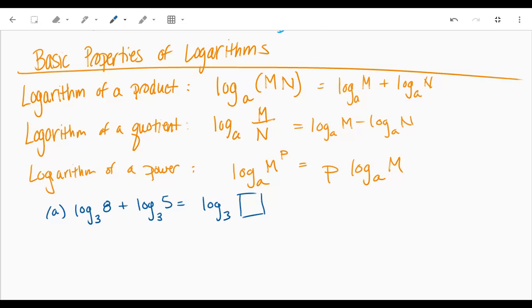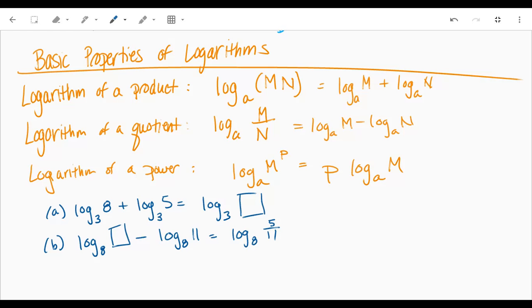The second one, log base 8 of what minus log base 8 of 11 is log base 8 of 5 over 11.